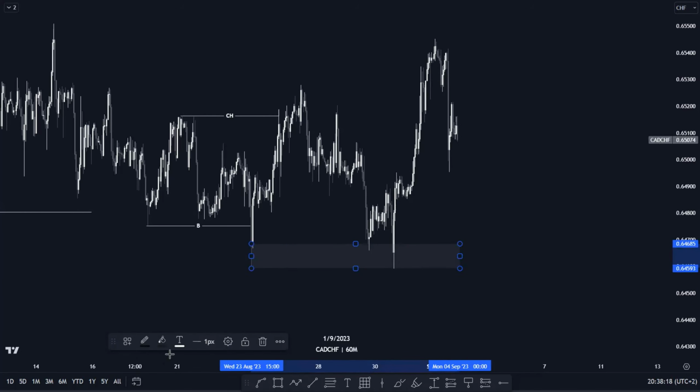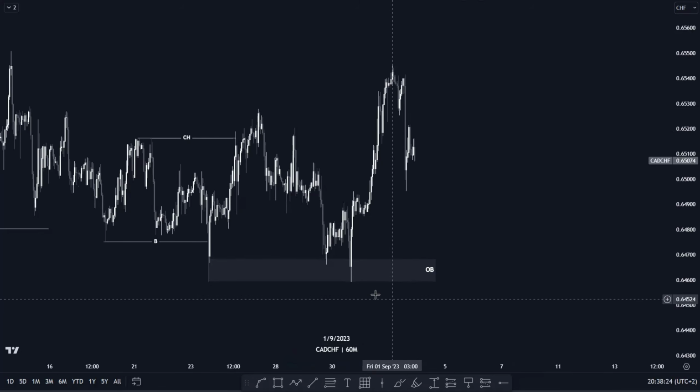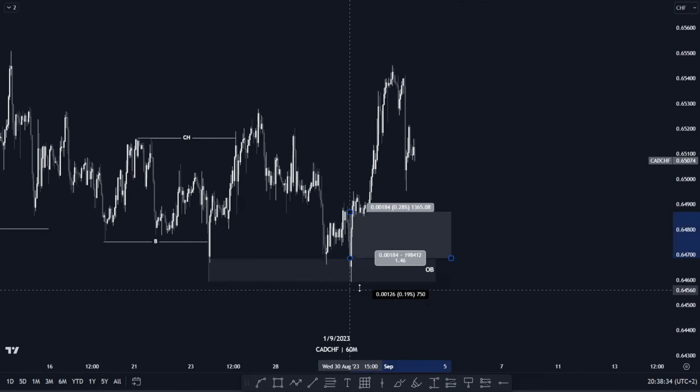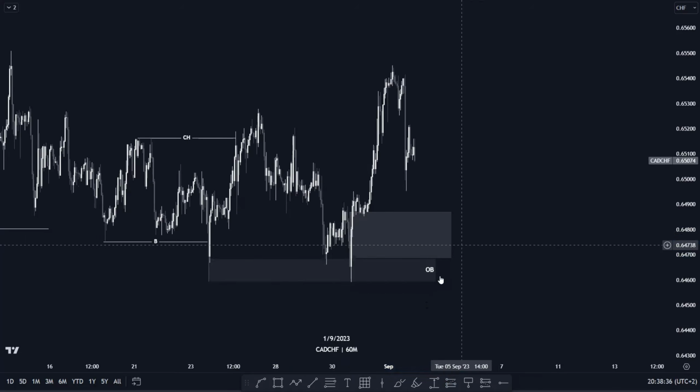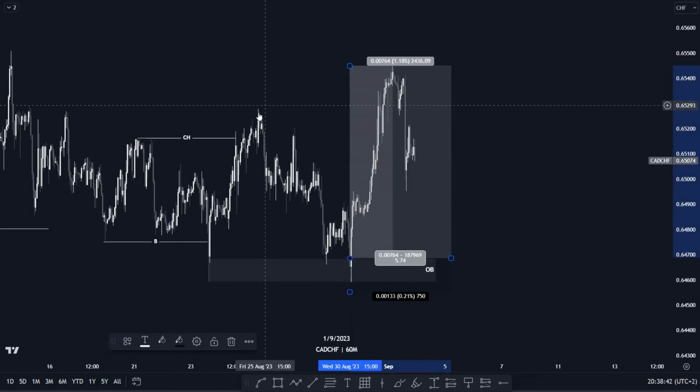Again, what I always advise is that you put your stops just 5 pips below your main stop loss so that you don't get spiked out, because in these cases you'd be spiked out. Just put your stops 5 pips below your order block and take your entries off the key. So this basically would be a 5R trade.